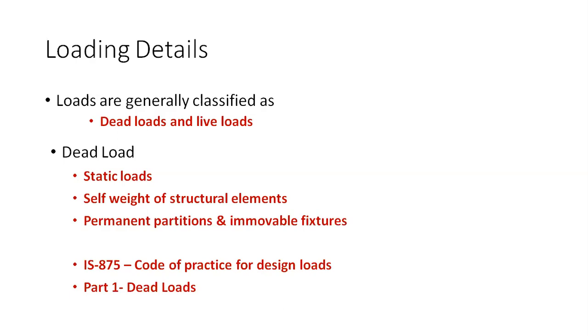Now, in dead load, these three data shall be covered: static loads, self weight of structural elements, permanent partitions, and immovable fixtures. These data are considered in dead load. The criteria to consider dead load is given in IS 875 Part 1, Code of Practice for Dead Loads.